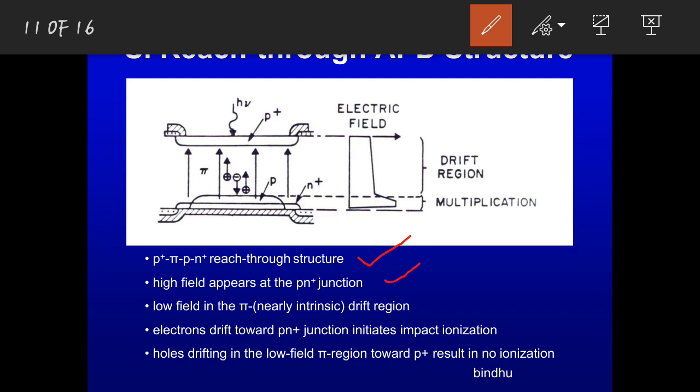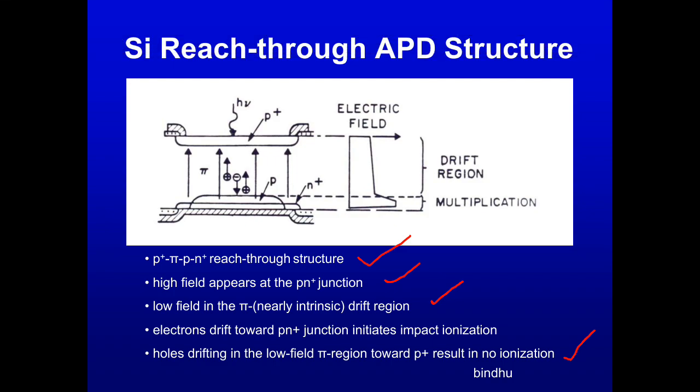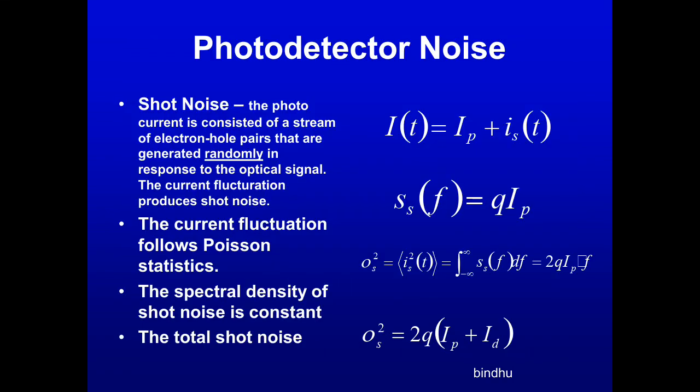Higher fields occur and lower intensity occurs in your pi region. Electrons are drifted to the P-N junction through impact ionization, whereas in the lower field drifting pi region, there is no ionization. With this, the avalanche multiplication structure can occur.